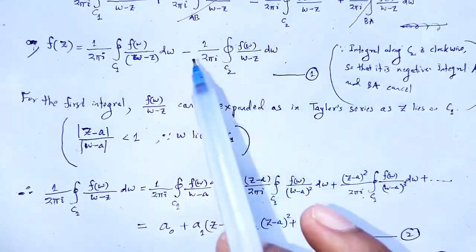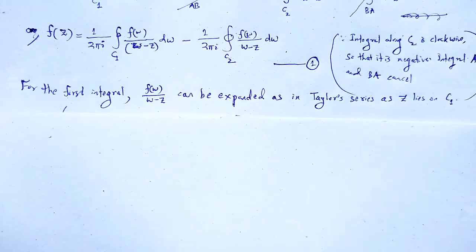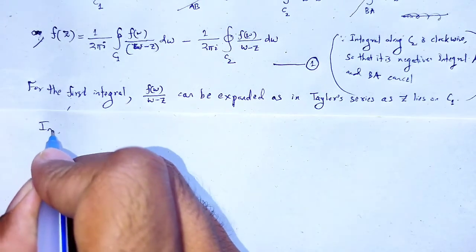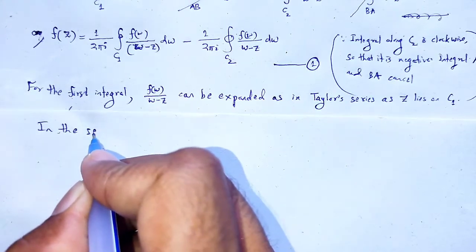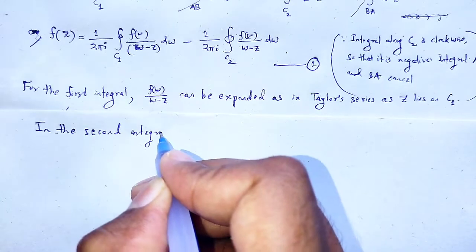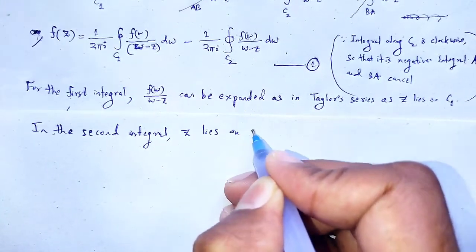Next, the second integral we can expand. What is that second integral? In the second integral, z lies on C2.